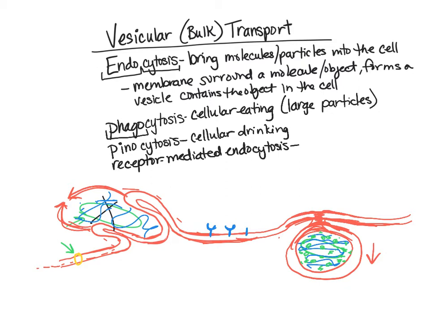When the molecule, whatever it happens to be, binds to these receptors, we start what's called invagination. Invagination is what we're talking about when we're talking about endocytosis: the plasma membrane starting to dip down and create these pseudopods.